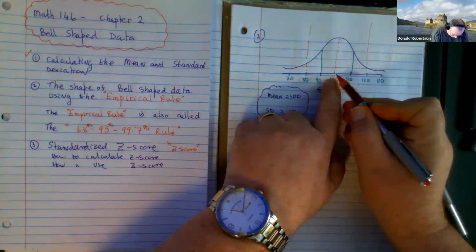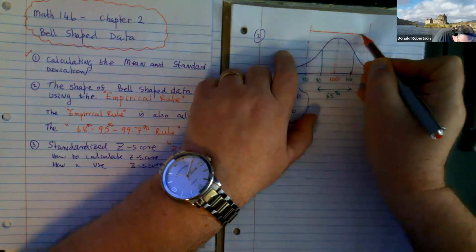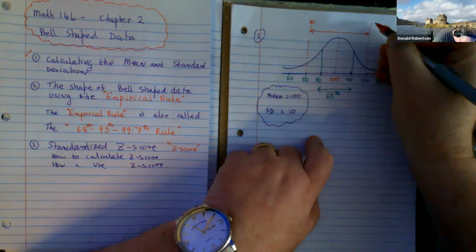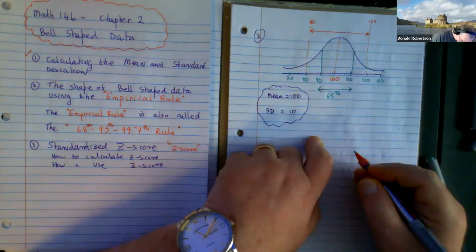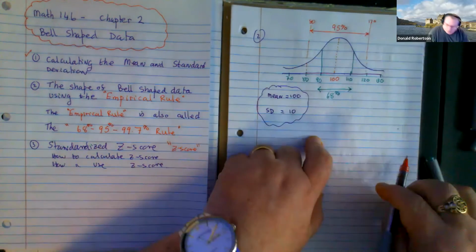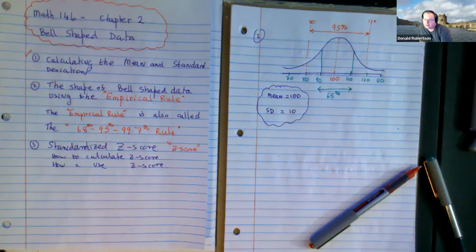So 100 add 20 and 100 take away 20, you get that range, which is what? From 80 to 120. And in that range, 95% of all the data will lie. So 95% of Americans have an IQ between 80 and 120. 95% of you in this class will have an IQ somewhere between 80 and 120.